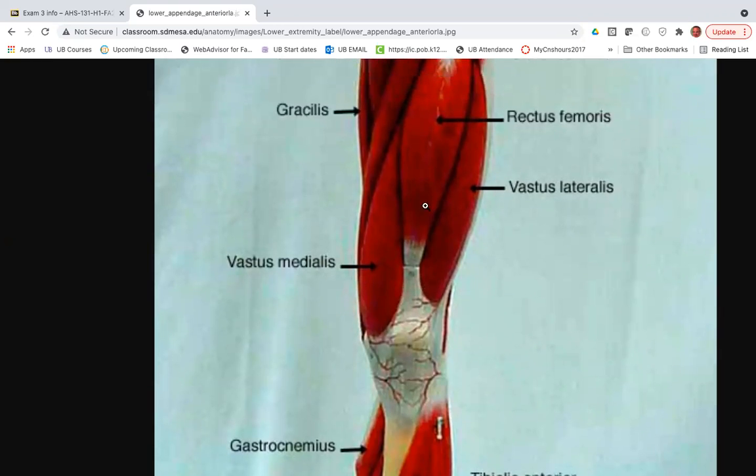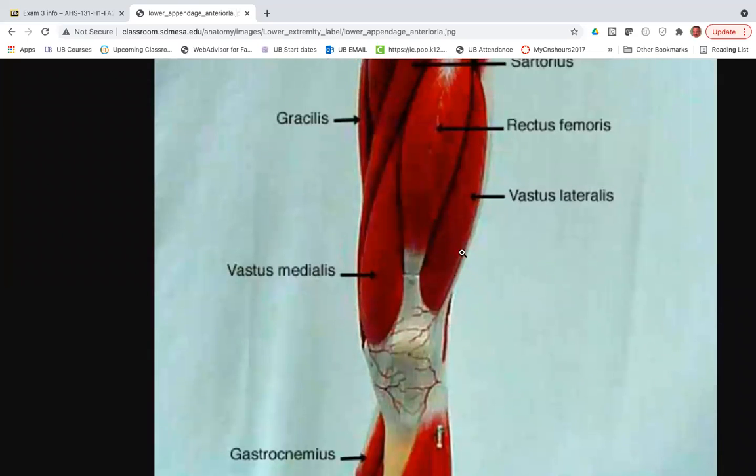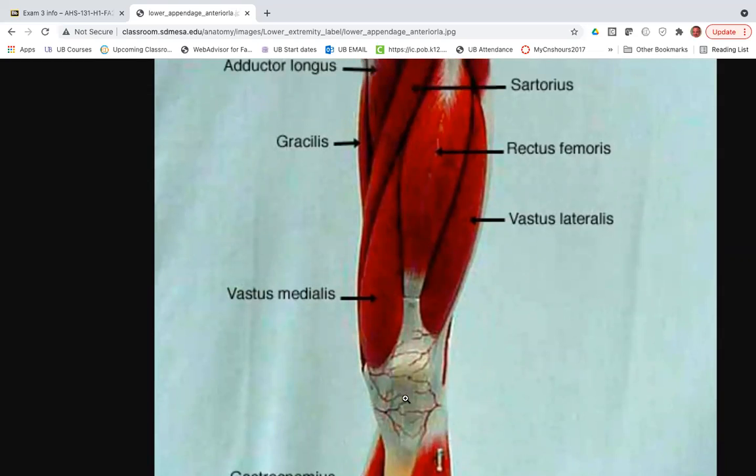So when the quadricep muscles contract, it's going to pull on the lower leg, right, for leg extension. So what do the quadriceps do? They extend the leg, or leg extension, like trying to kick a soccer ball. That's leg extension.